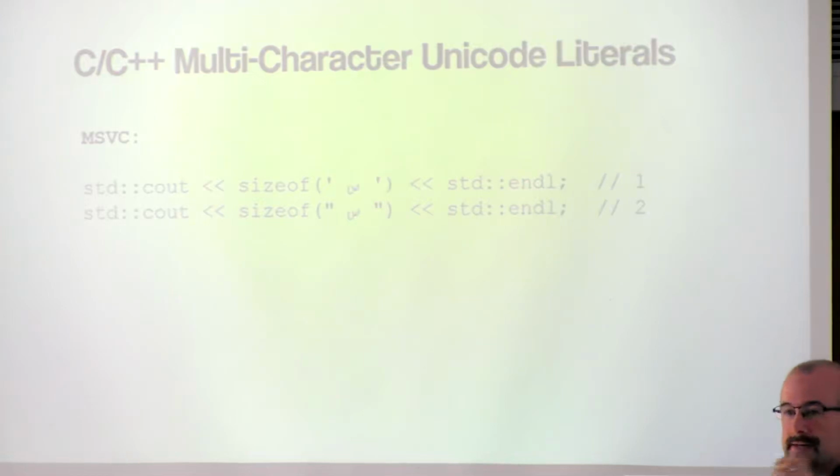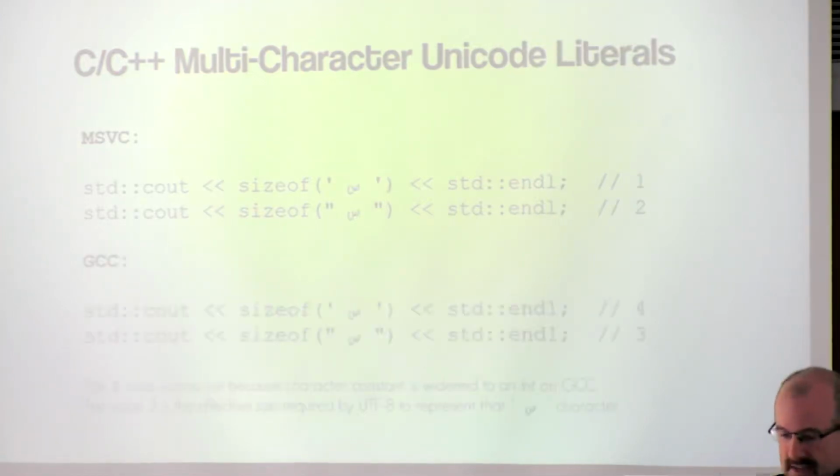The string size for that same thing is 2. In GCC, the character size is 4. But you think of it in UTF-32, it's actually because that character is being extended to an int before the size is taken. But the size of the same character as a string is like 3.